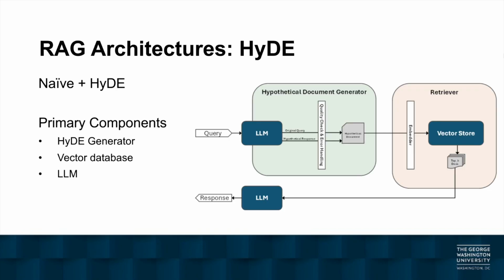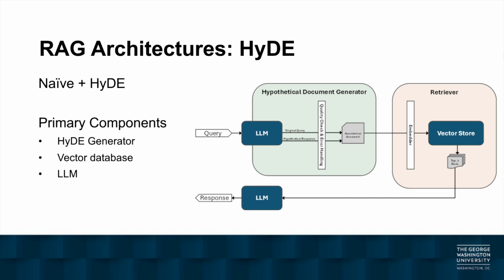So now on to more advanced architectures that we tried. The first advanced RAG system adds a novel step before document retrieval. I already referred to this as HYDE, so I'll talk more about that. It uses hypothetical document embedding, which we call HYDE, and this is how it works.